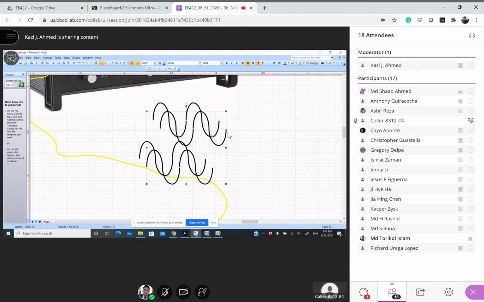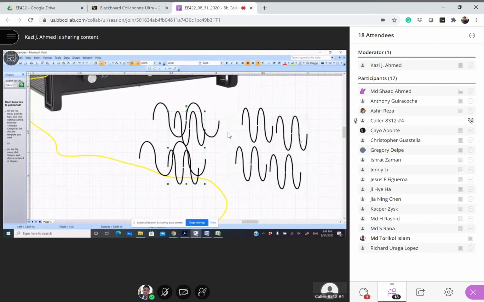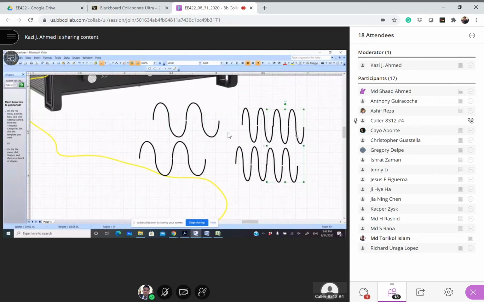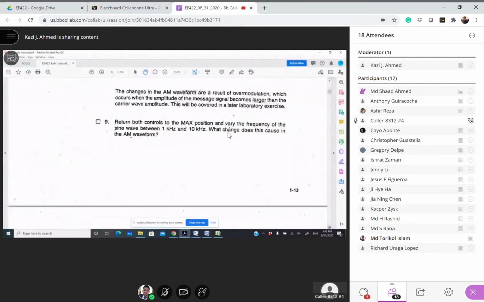And when you increase the frequency, then you probably see this, right? So you're going to see like this when the frequency of the message signal is increased.